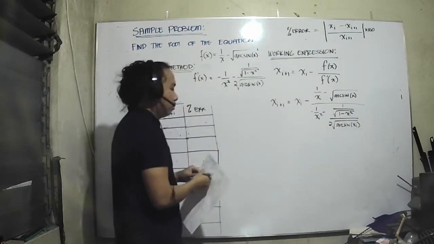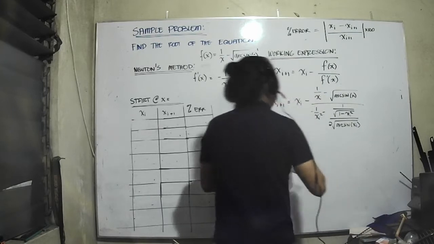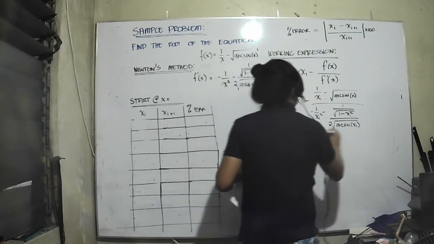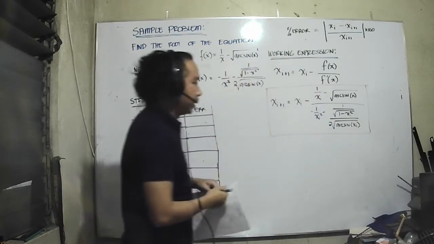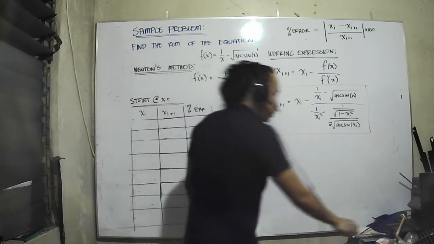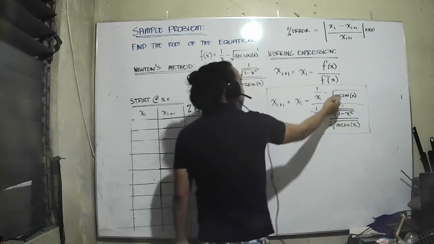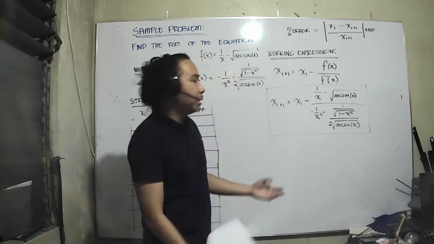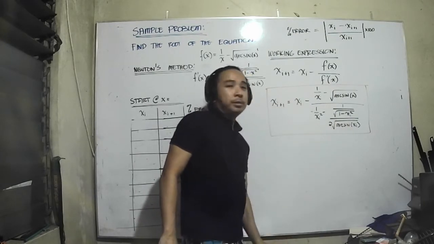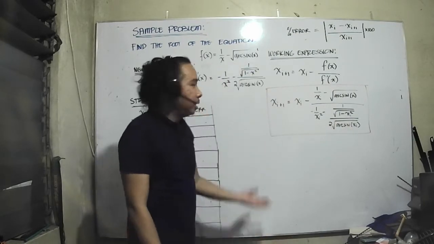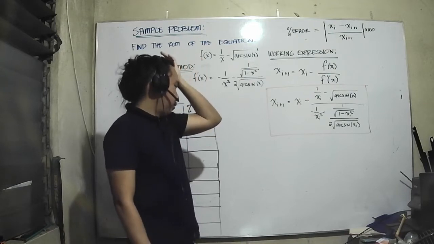Okay. Allow me to encapsulate this in a box to prevent any confusion. By the way, when you're dealing with transcendental functions, a mixture of algebraic and trigonometric functions, that is considered a transcendental function, so it cannot be solved the normal way.